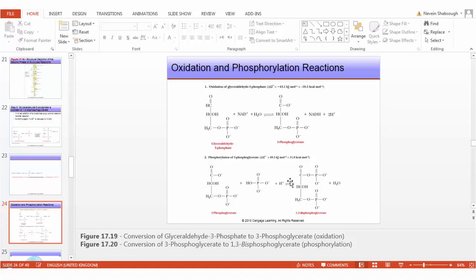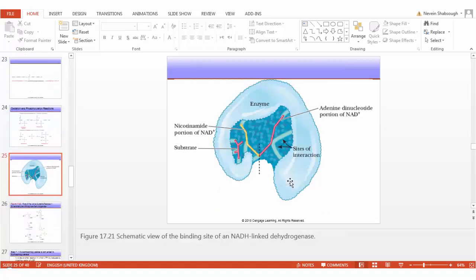The oxidizing agent is NAD+ here. Both oxidized and reduced forms of the coenzyme bind to the enzyme. Here notice that this is in yellow, the nicotinamide portion of NAD+, and here in red, the adenine dinucleotide portion of NAD+. And here you have the substrate, and these are sites of interaction.